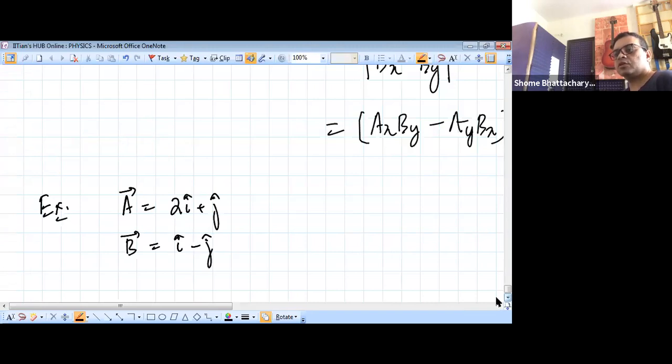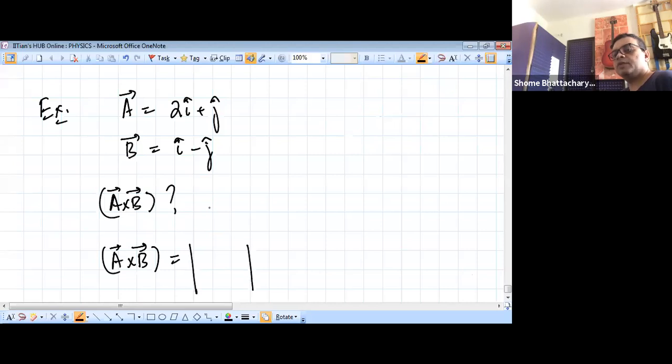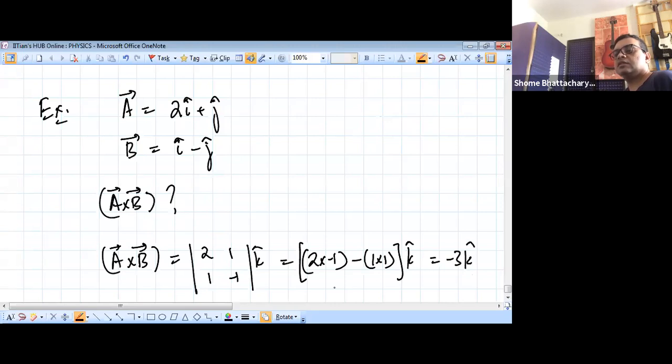Now I have to determine A cross B. So I'll just use this method now, that A cross B can be written as a 2 by 2 matrix where A's components are 2 and 1 and B's components are 1 and minus 1, into k cap. So that will become 2 into minus 1 minus of 1 into 1, whole thing multiplied by k cap. So as you can see, this becomes minus 3 k cap. So this becomes the answer.